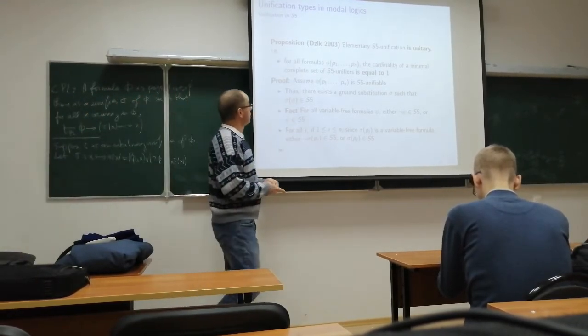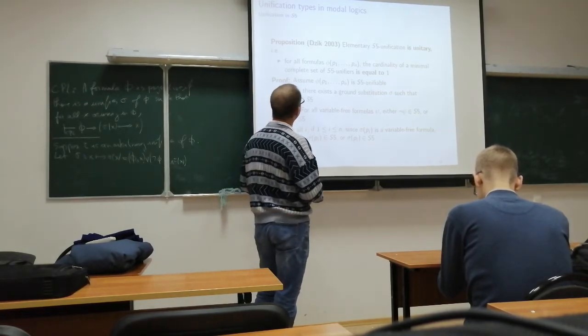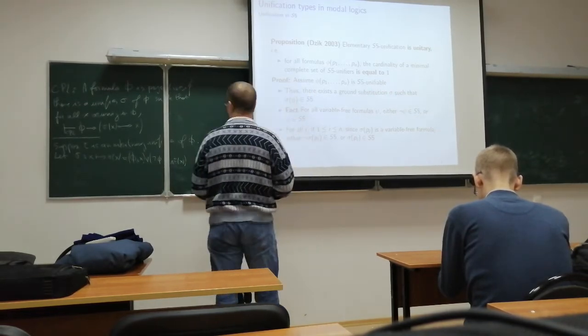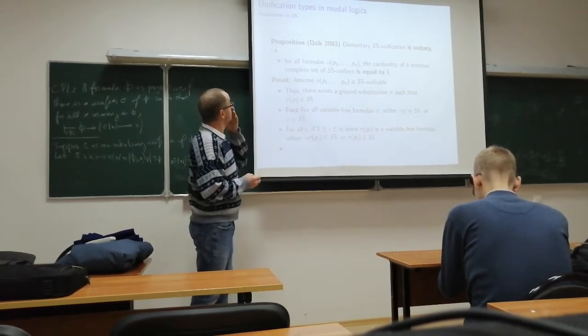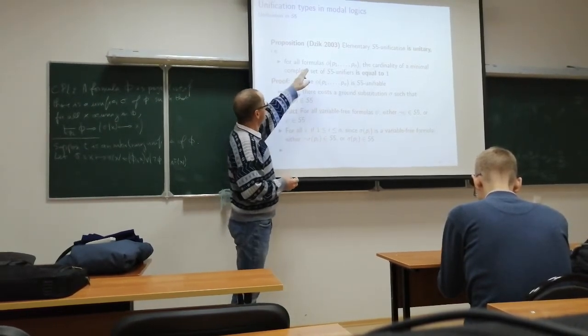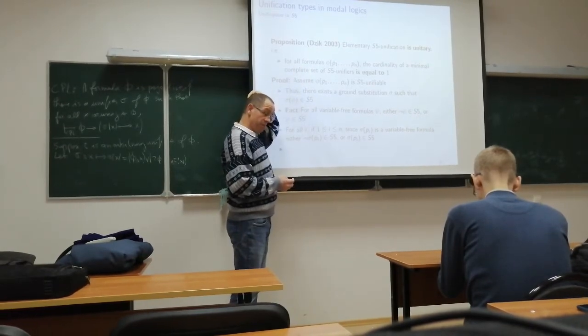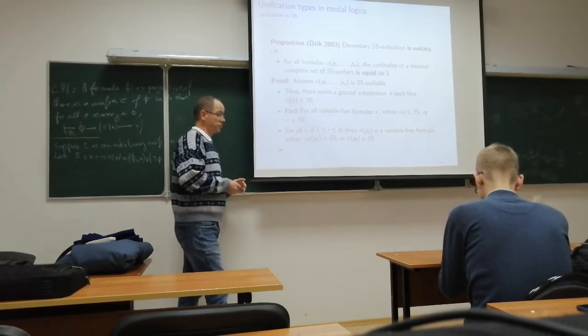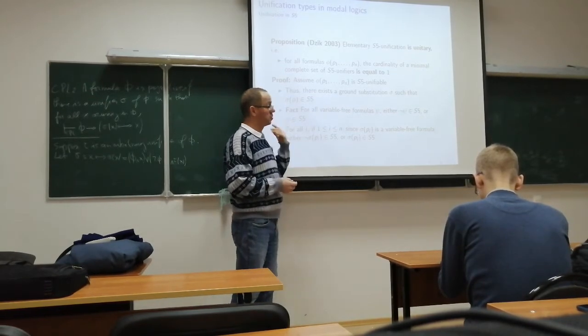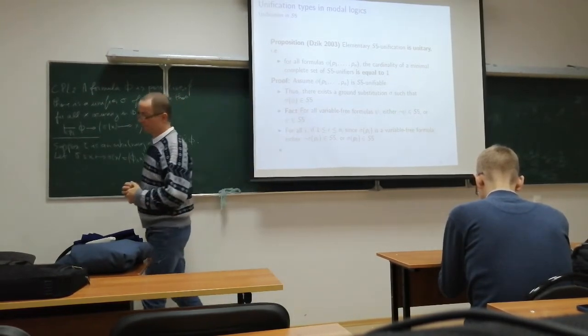So here let us prove that S5 unification is unitary. The proof that is written here, I will not follow; I will do it myself. I have given the reference to Ghilardi's paper, where he talks about projective unifiers in S5, but probably it was known before.